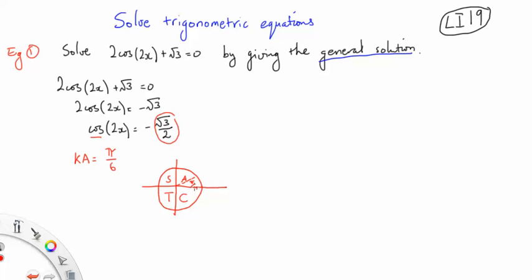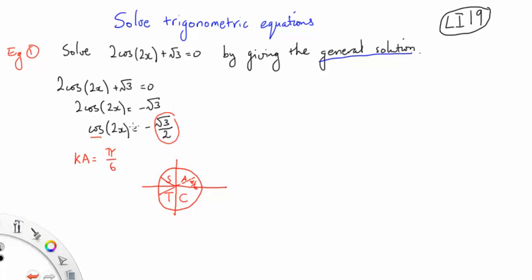There's pi on 6. Now, we're looking for the places where cos gives a negative root 3 on 2. So here cos gives positive root 3 on 2. So the places we want to be are here and here. Can we see that? Because sine's positive here, so that means cos must be negative, and tan's positive here, so that means cos must be negative.